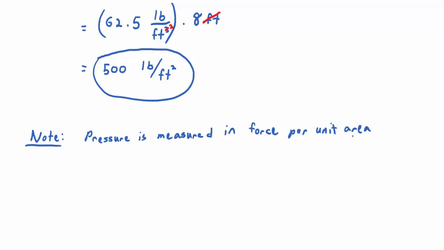Last example, pounds would be the force and per unit area would be square feet. But we're also interested in the total hydrostatic force, or total force, on an object. And to get that formula, we actually multiply by the area.